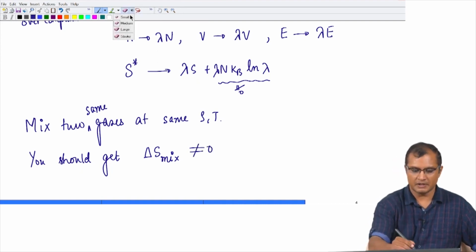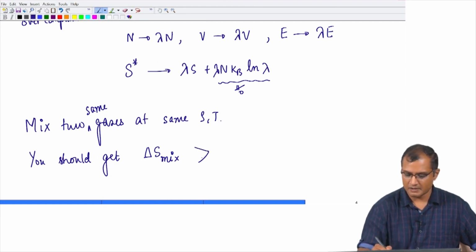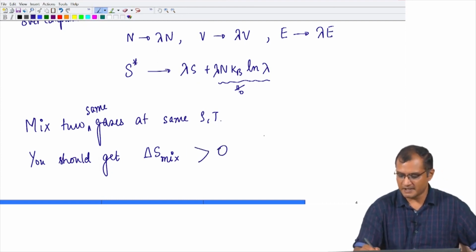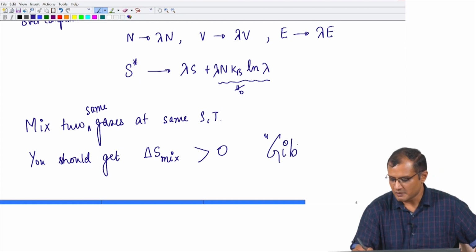In fact, you will get it as a quantity which is positive. So, this is basically a Gibbs paradox.